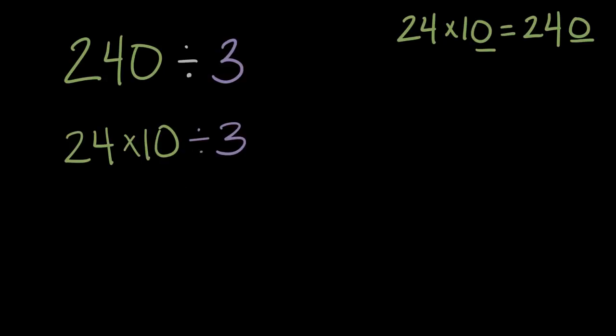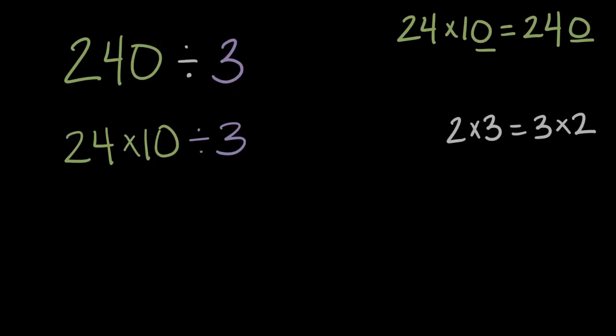The next thing I'm going to do is look at this multiplication problem, 24 times 10. And I know that in multiplication I can multiply in any order. For example, 2 times 3, which is 6, is the same as 3 times 2, which is also 6. 2 3s or 3 2s is 6.